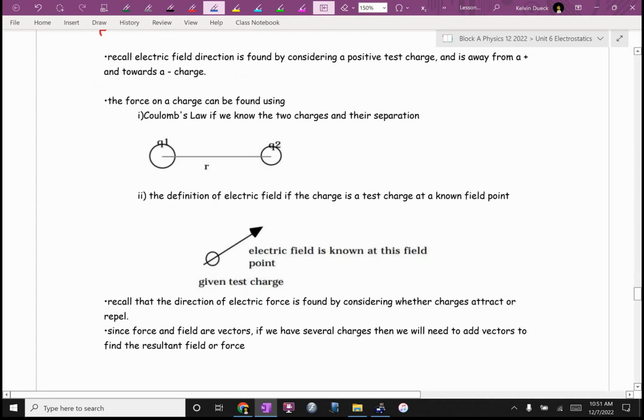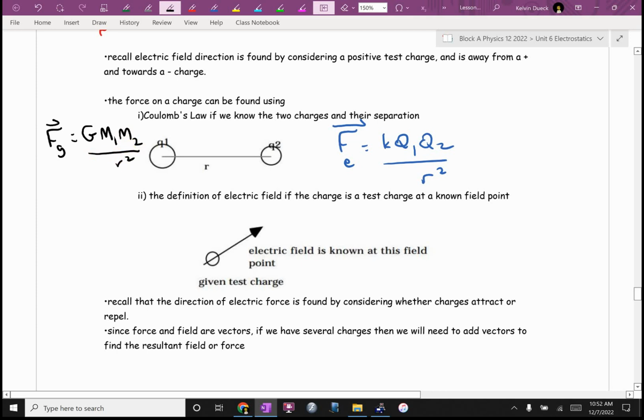What about finding the force? We can find the force between two charges using Coulomb's law. This is what I'm going to use if I have two charges, k Q1 Q2 over r squared. And again, I'm going to argue this looks an awful lot like Fg equals big G m1 m2 over r squared.